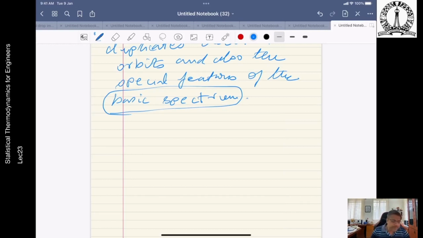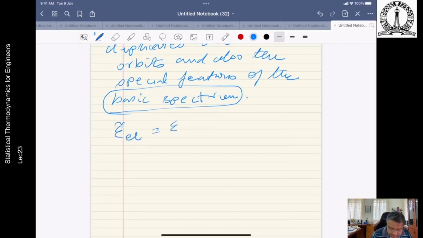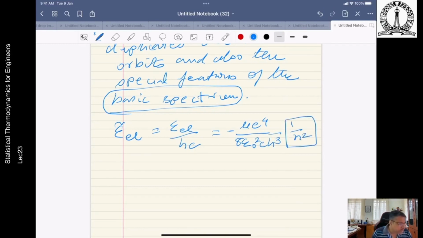From the perspective of statistical thermodynamics, we are now able to get an idea about the allowable energies and the degeneracies. So the electronic energy is minus e to the fourth, 8 epsilon naught squared c h cubed, into 1 over n squared. This is different from Bohr, except that we have used the reduced mass.